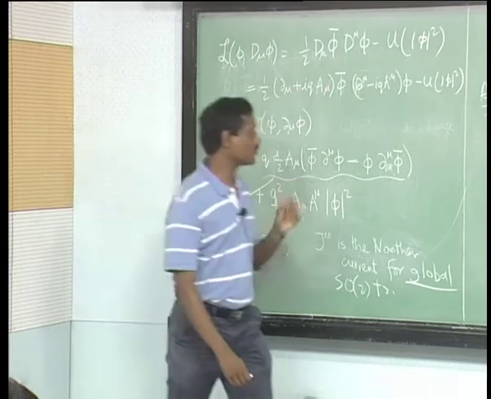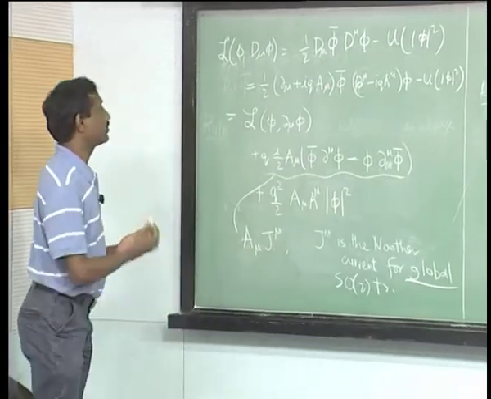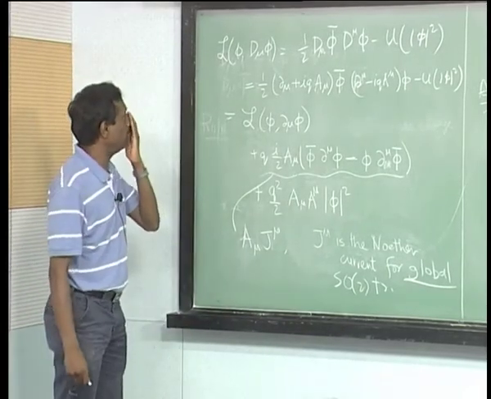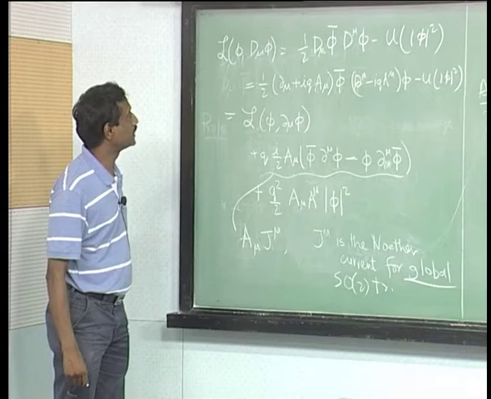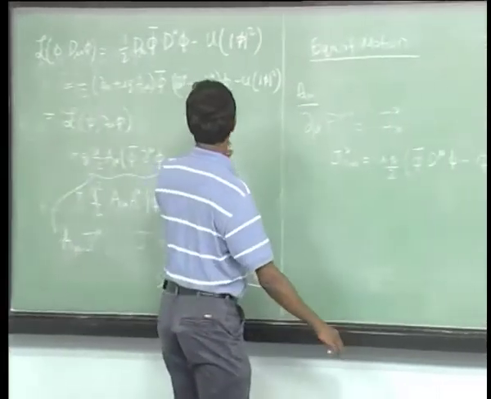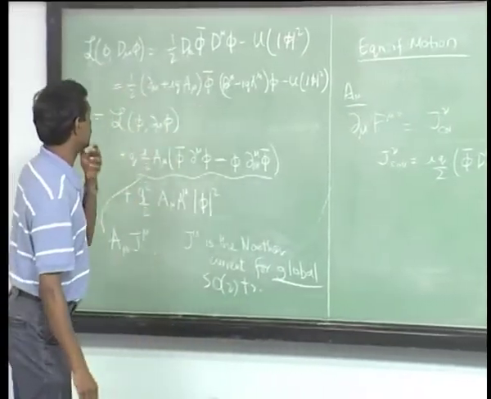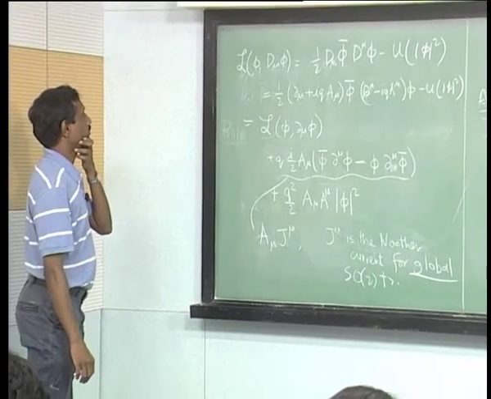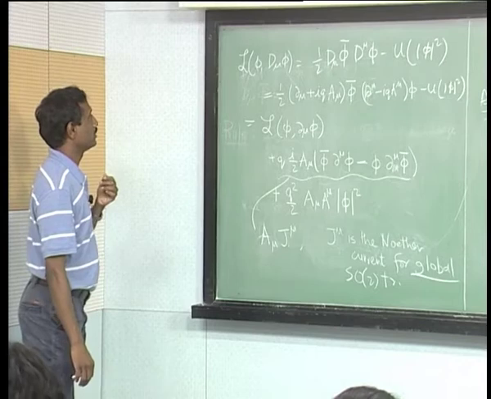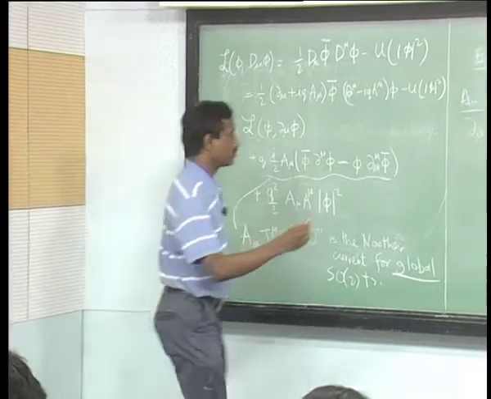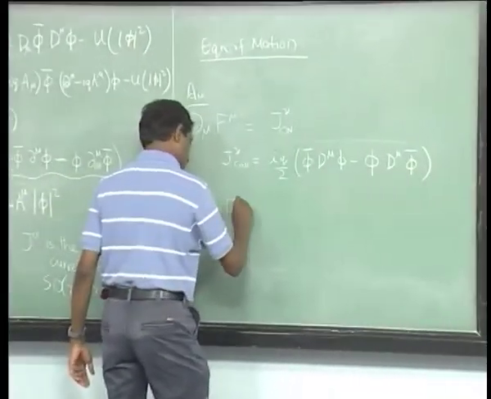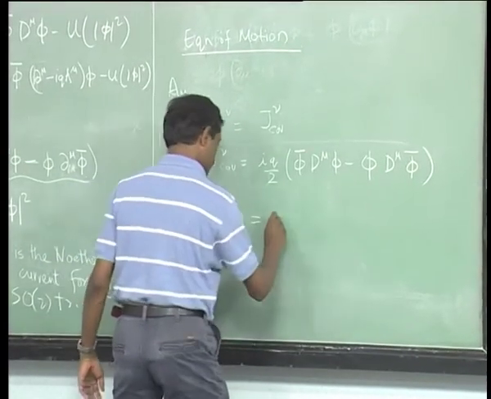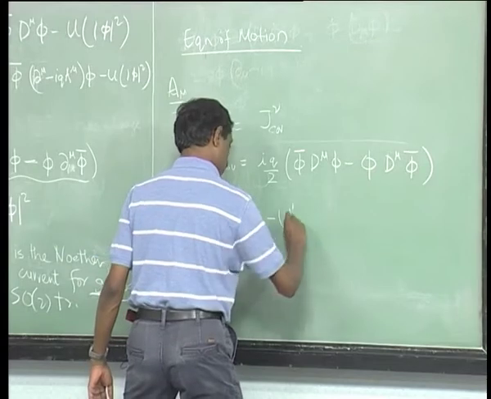So, now let me go ahead and write out the equation. The equation of motion would be box of phi equal to minus U prime of phi.